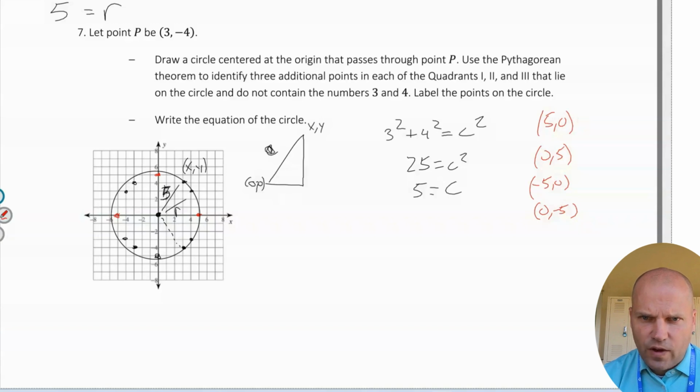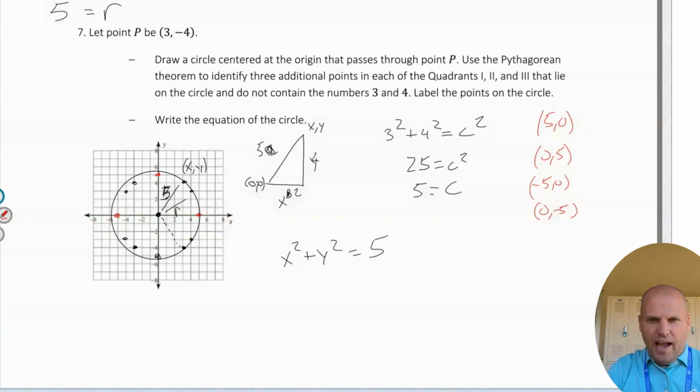We can change this to 5, and we get x squared plus y squared equals 5 squared. 5 squared is 25. We can mess around a little bit.